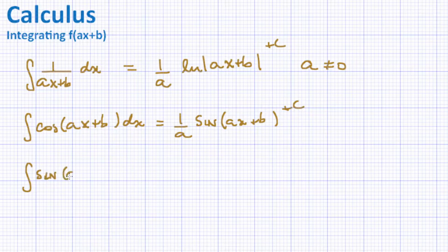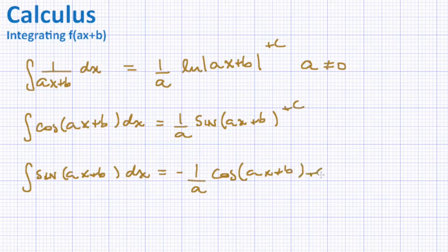The integral of sine of ax plus b dx, and negative, right, because sine and cosine, 1 over a cosine of ax plus b plus c. And for those, a is different than 0 as well. A has to be different than 0 for any of the examples that I've just shown you.